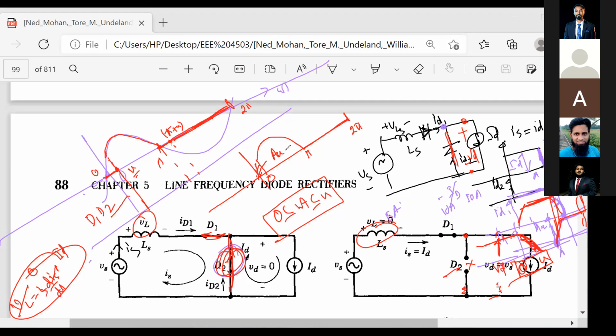Okay. So now first of all, we want to find out the wave shape of the output voltage that we have already found. And we want to find out the area.